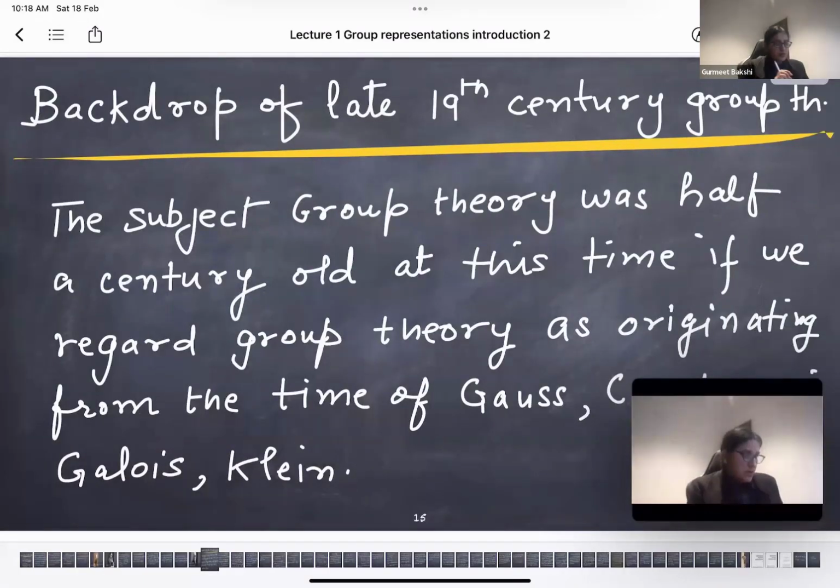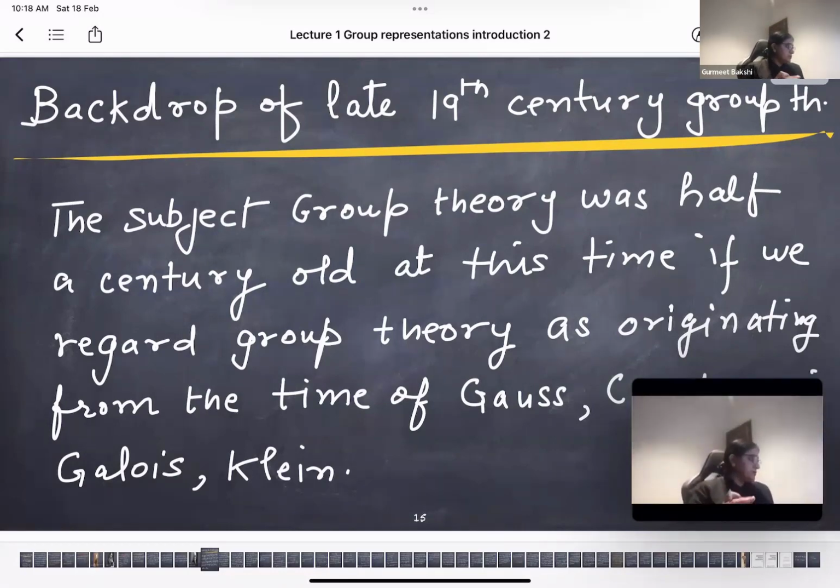So the subject of group theory was half a century old during the late 19th century, because it is the early 19th century when it mostly got developed. So it was about half a century old, if we regard group theory as originating from the time of Gauss, Cauchy, Klein, Galois, and so on. So these were the people at that time.